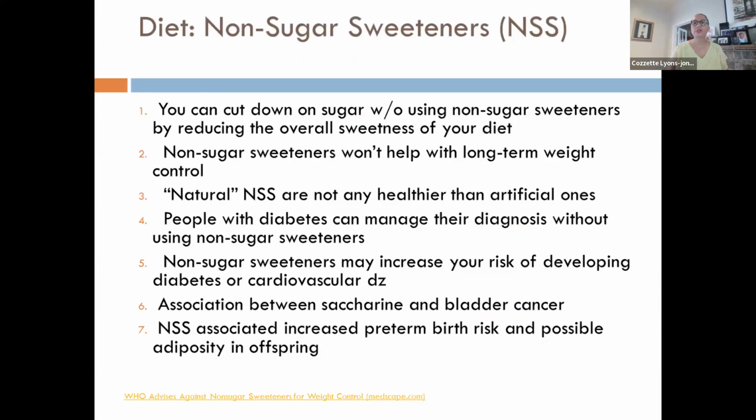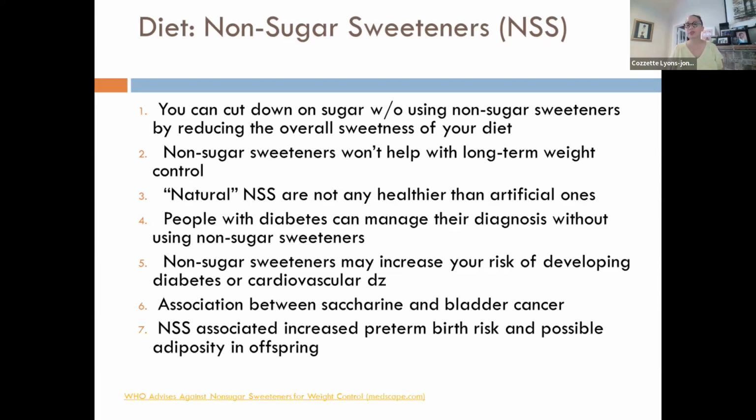When you're talking about non-sugar sweeteners, it's a no-no. The World Health Organization in June of this year put out a consensus statement saying that we should not use these sugar substitutes, these artificial or natural non-sugar sweeteners, for weight loss, for prevention of diabetes, or to manage your sugars. It has been shown to actually increase your risk of developing diabetes or cardiovascular disease in some people.